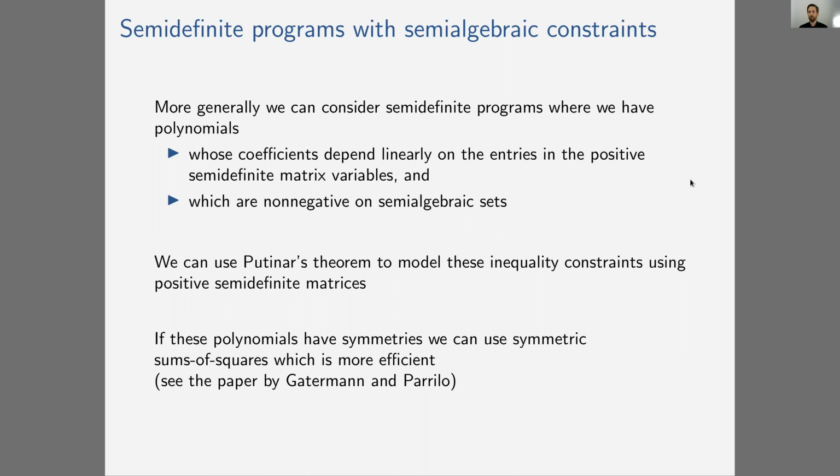So we get a symmetric group action also, and that is going to appear in the polynomials that need to be non-negative. They are going to be invariant under the symmetric group. You can see the paper by Gaterman and Parrilo to see how you can work with symmetric sums of squares constraints. I'll put a reference later.